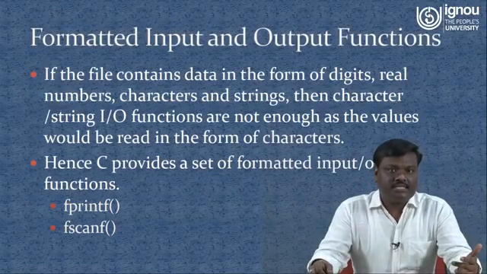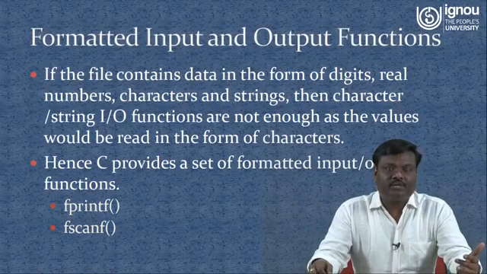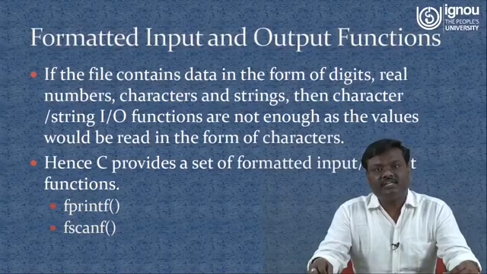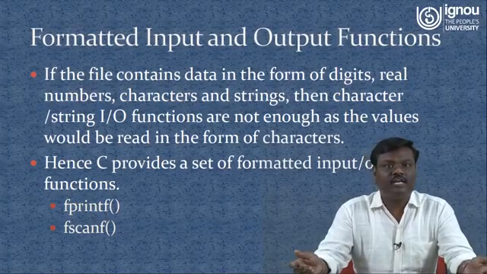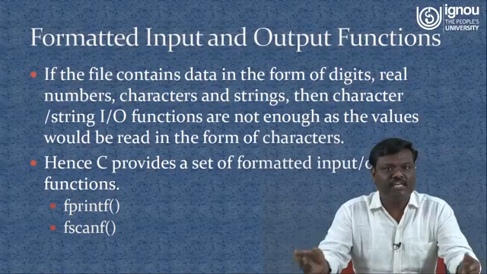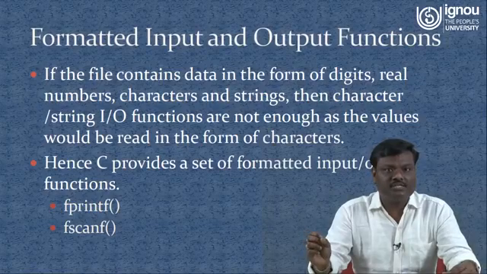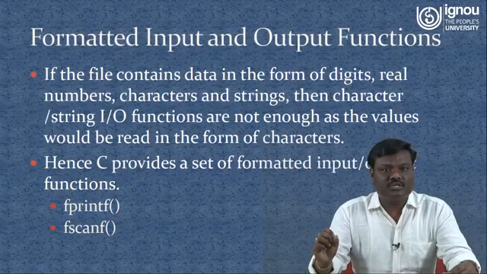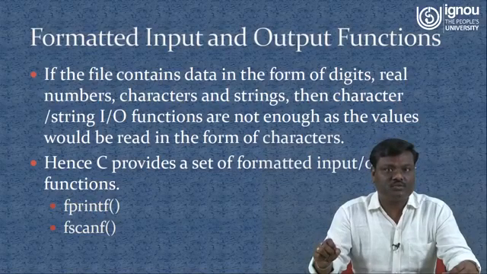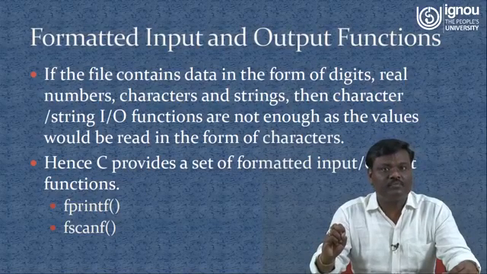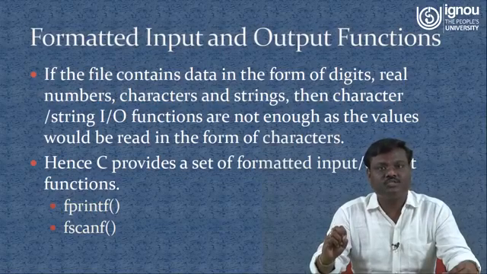Then comes the third kind of thing, that is formatted input and output functions. If the file contains data in the form of digits or float values, characters, strings in a formatted way, then better use fprintf and fscanf as the file functions. So there are two functions available for formatted input output, those are fprintf and fscanf.